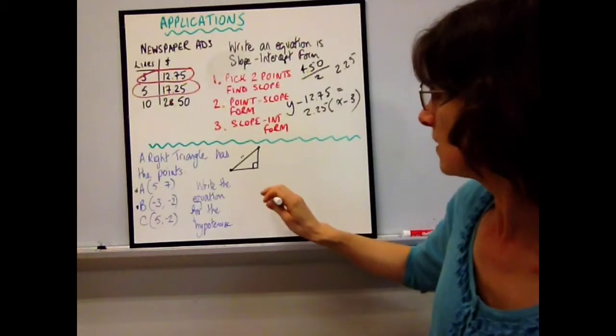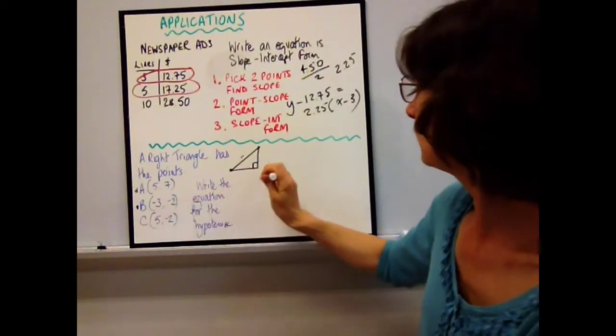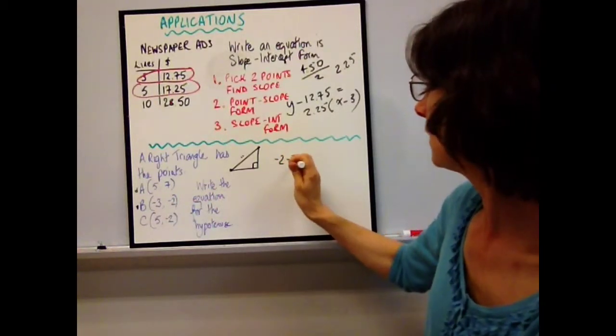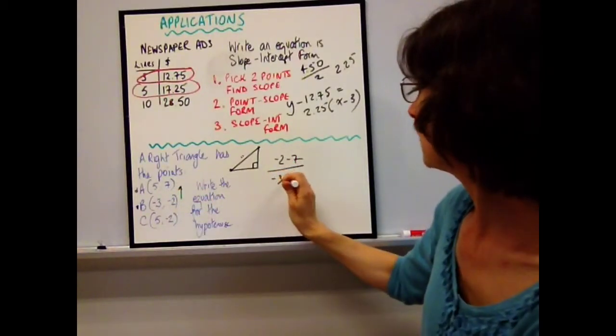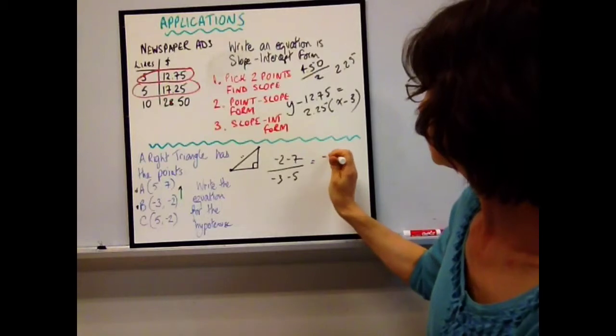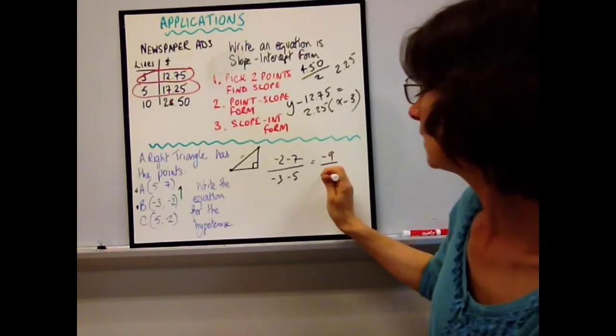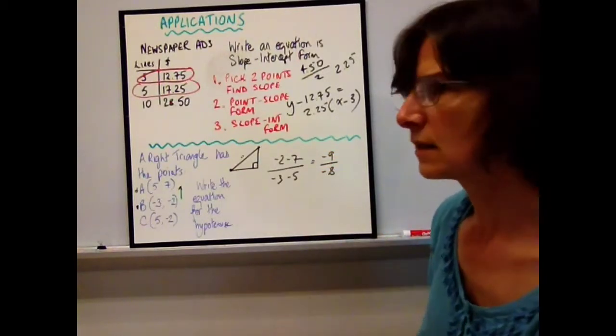So we will find the slope first of all. So we will do -2 minus 7, I went in this direction, -3 minus 5, so that's -9 over -8. Goodness me, what was I thinking?